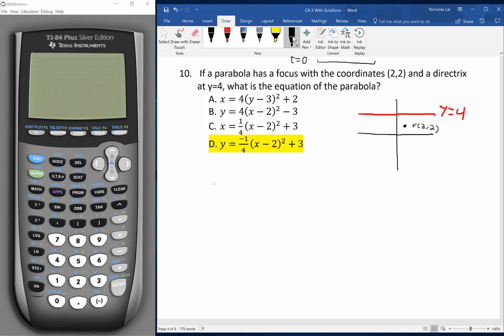We need to know that the vertex is the midpoint between the focus and the directrix. So the midpoint between 2, 2 and y equals 4 is going to be this point right here, and that point is going to be our vertex. The x value stays the same, so it would be at 2, 3.